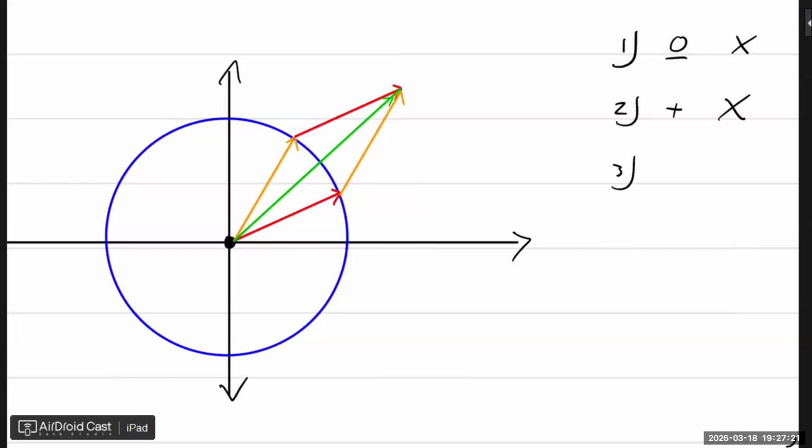Then it would have been there, which is also not on that line. So closed under multiplication is also not true. So this blue line is not a subspace. So it must always comply with those three things.